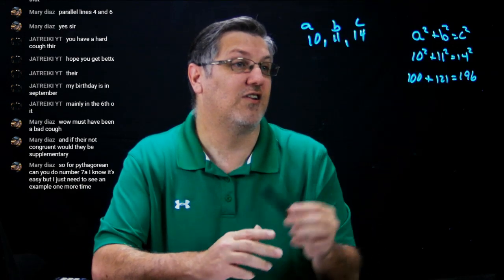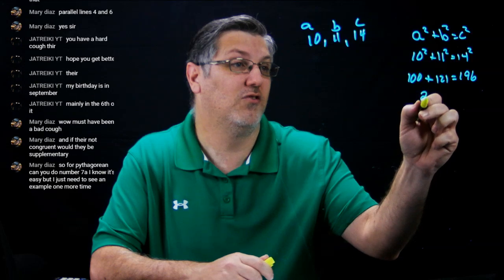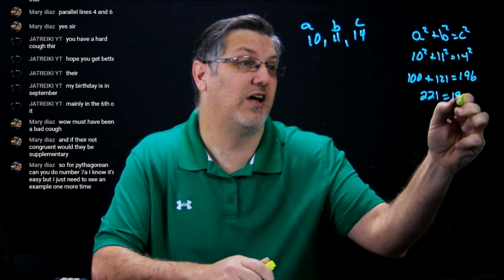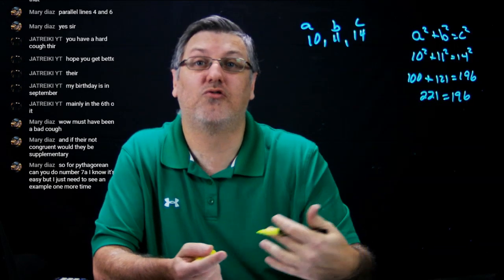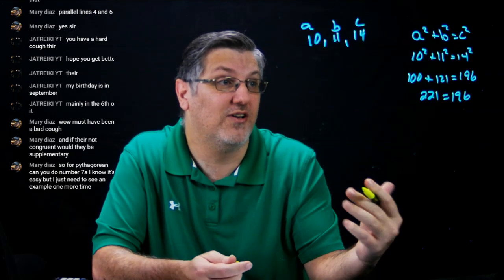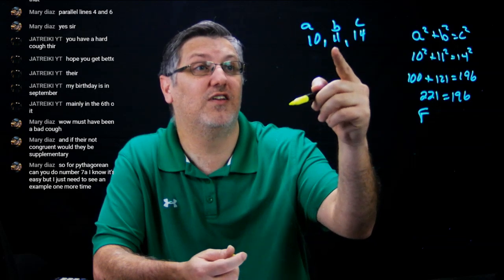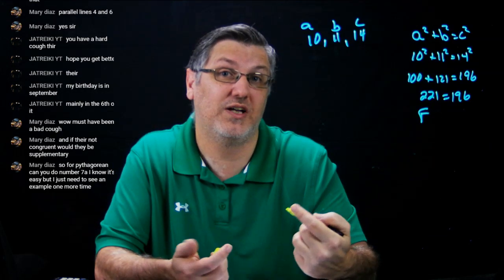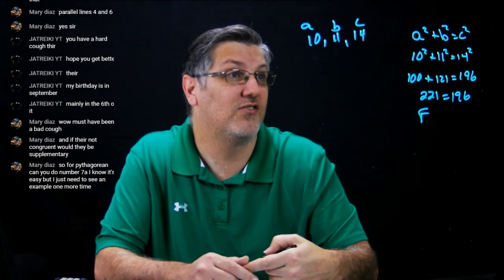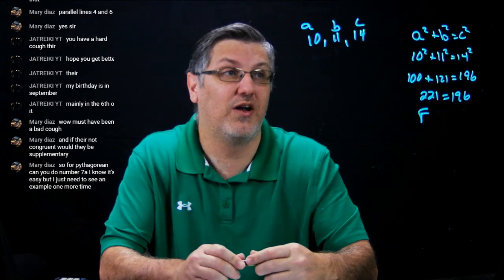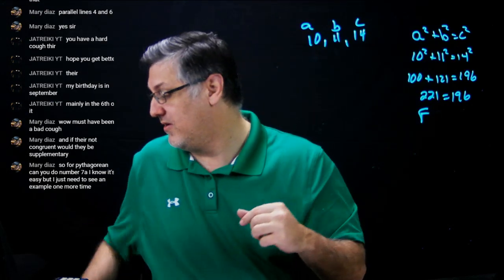You can clearly see that these are not going to equal each other. I got 221 equals 196. Ask yourself, true or false? That's really what you're asking. This is false. Therefore, since it's false, this will not make a right triangle. That's it. That's all it asks. Does it make a right triangle or does it not make a right triangle?